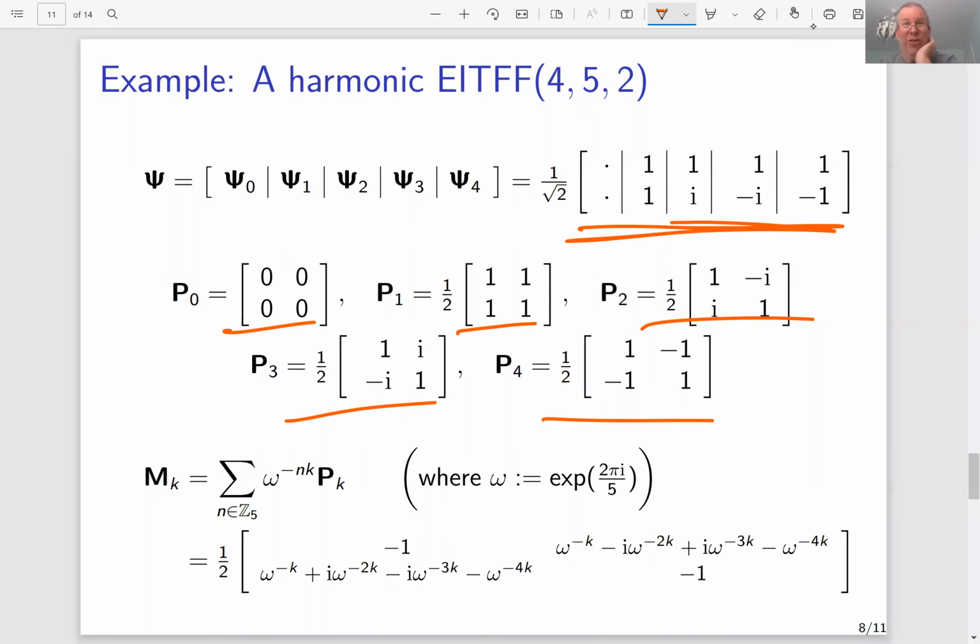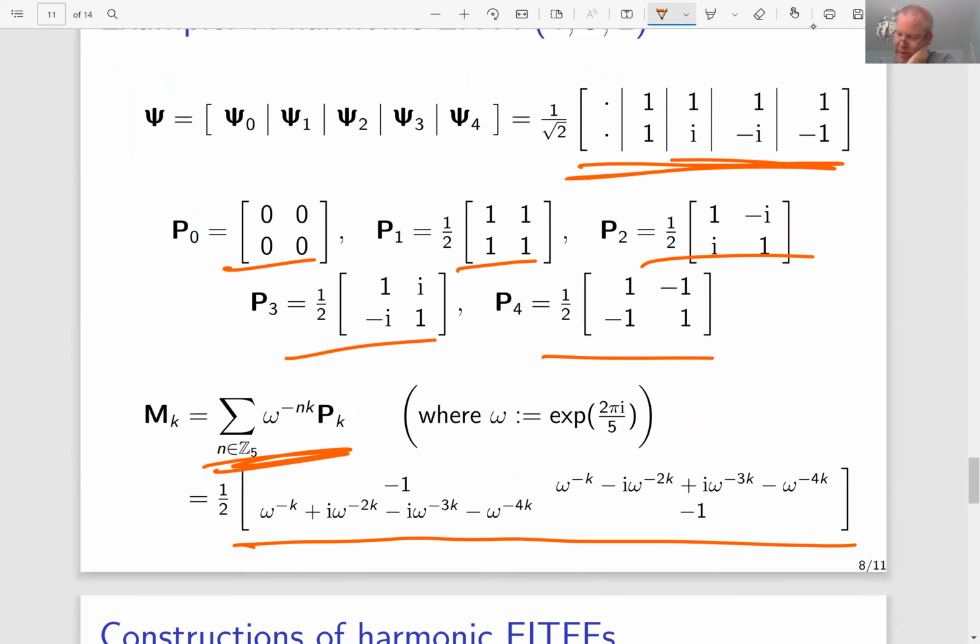And then what I'm going to do is this really weird idea. I'm going to take those projections and I'm going to take an entry-wise discrete Fourier transform of them all. And that's what this sum is right here. And so when you look down here, what I've actually done is I've taken those 5 matrices, multiplied them all by roots of unity, and added them up in the normal Fourier way. And you get this thing.